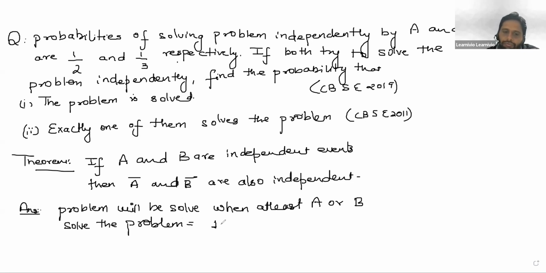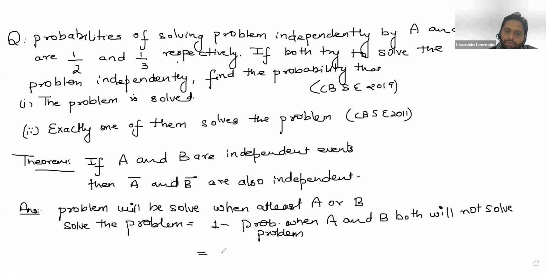So this is equal to 1 minus probability. This we have done last week. 1 minus probability when A and B both will not solve the problem.